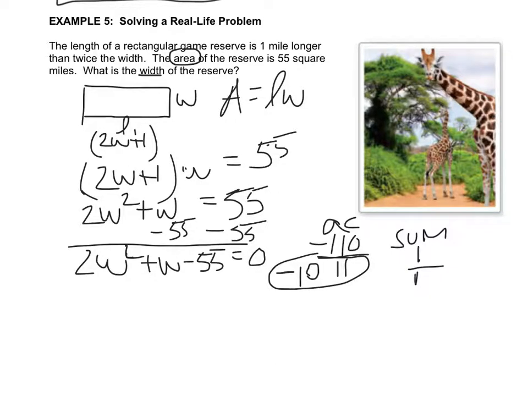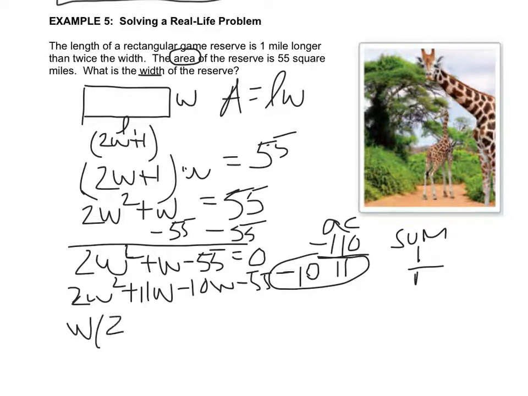So when we come over here, we're going to split the middle: 2w squared plus w, and I'm going to put that one there first, doesn't really matter, and then negative 10w minus 55. We've now split the middle, so now I'm going to look at the two different pairs. The first pair, the greatest common factor, will be w.